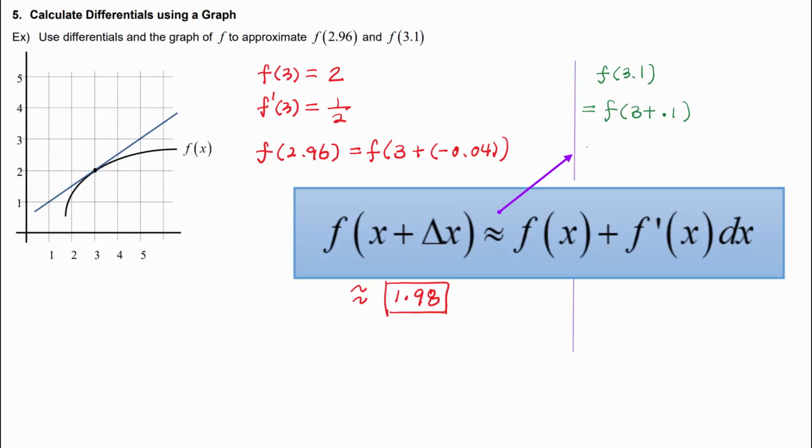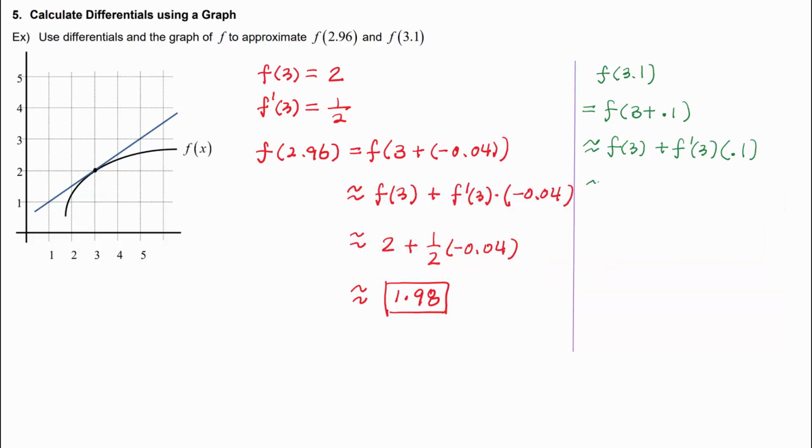So this can be approximated by f of 3 plus f prime of 3 times dx, and dx is equal to delta x, which is positive 0.1. f of 3 is 2 plus f prime of 3, which is 1/2, times 0.1, which is approximately equal to 2.05.